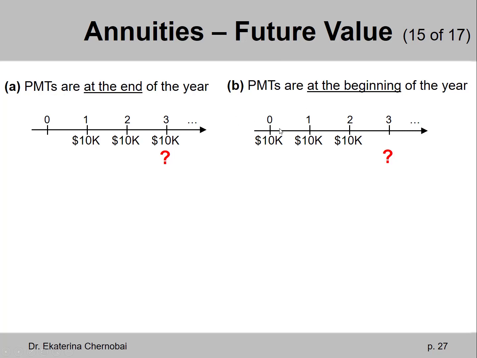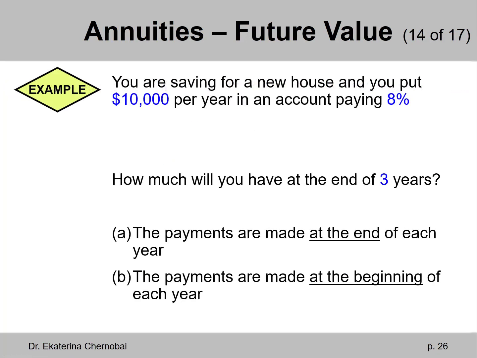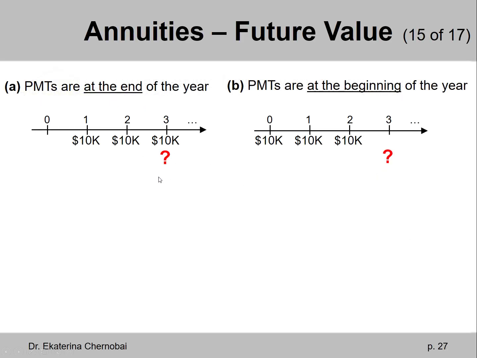In both cases, A and B, we are asked to find the future value, right? How much you will have at the end of 3 years. So we need to find the combined future value of these 3 numbers at the end of year 3 in both cases, A and B. Okay, so let's calculate case A future value.